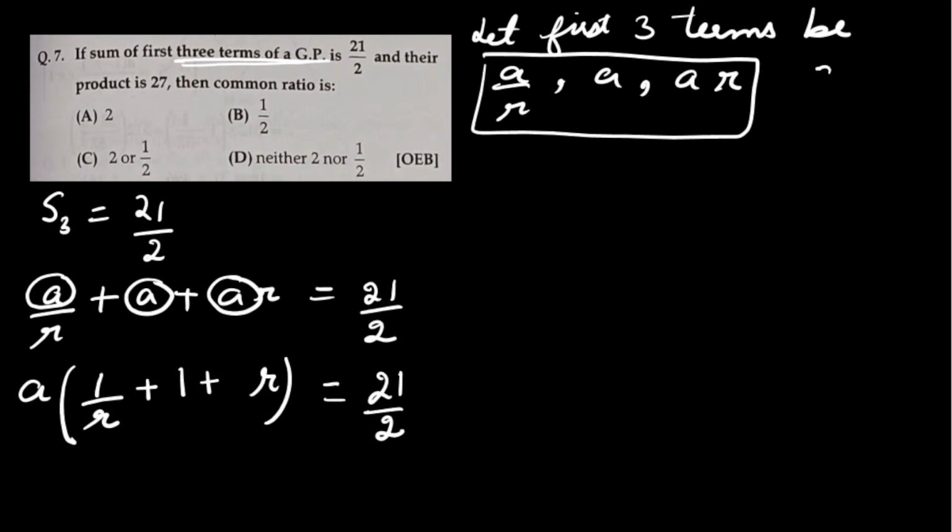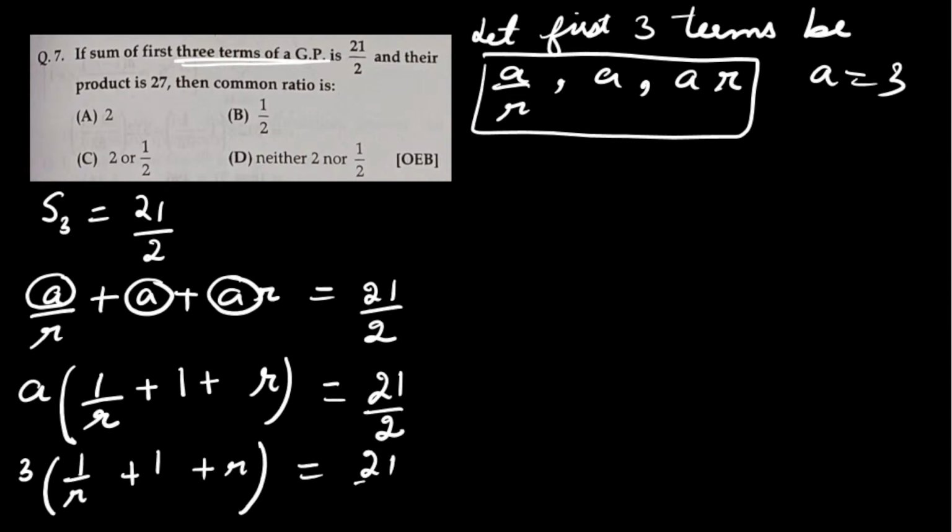A's value we found in the first part, A equals 3, so we substitute it. So 3 into 1 by R plus 1 plus R equals 21 by 2.